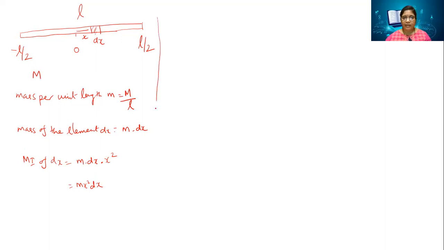But I need to find the moment of inertia of the entire rod, which is made up of tiny parts like this dx. I cannot just add them, which means I have to integrate. So the moment of inertia of the rod should be equal to the integral of m x square dx.